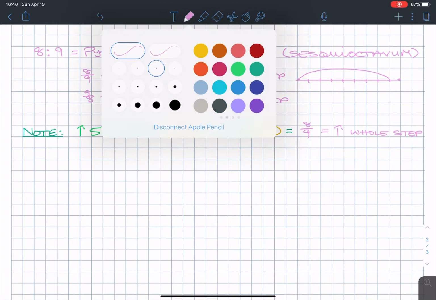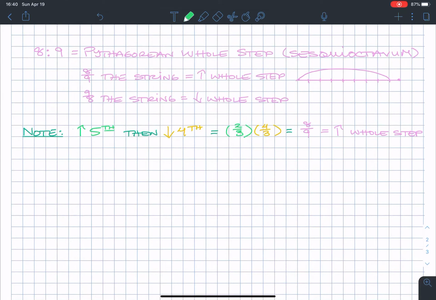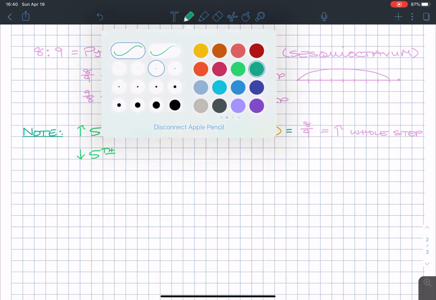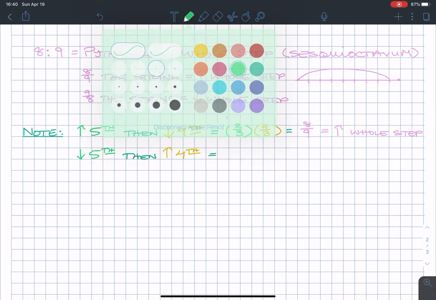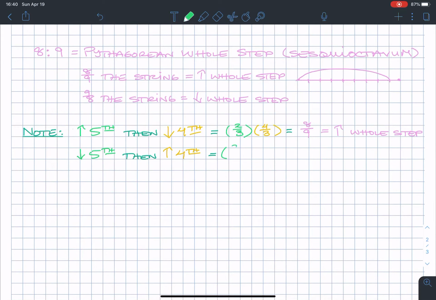So let's do it the opposite way. Let's go down a fifth. Then up a fourth. So if I'm going down a fifth, now I want my string to be longer, so 3/2 is bigger than 1.